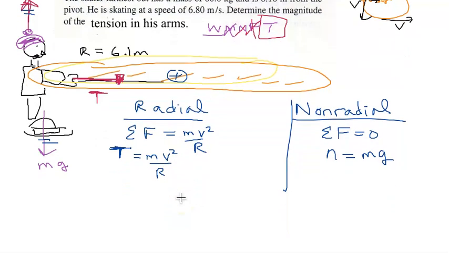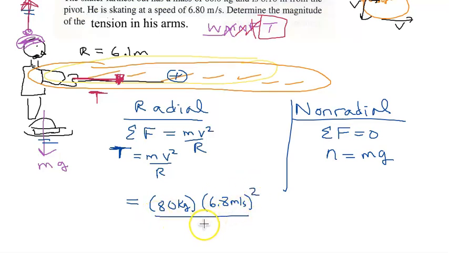So I think we're ready to just plug in the numbers that were given. The person's mass is 80 kilograms. Their speed is 6.8 meters per second, and the radius is 6.1 meters. Looking at my physical key, it might have said find the centripetal acceleration. I'm not sure.